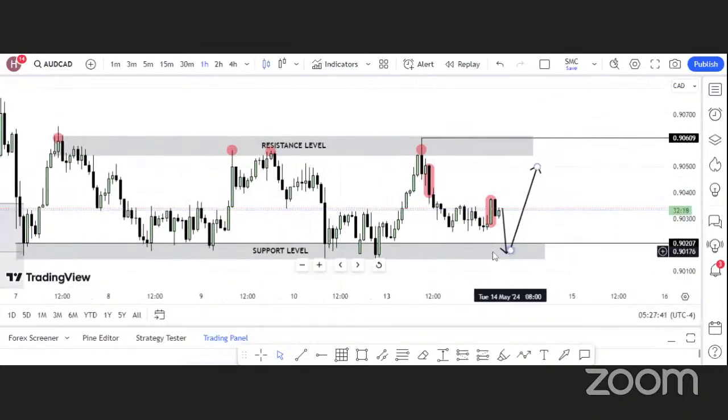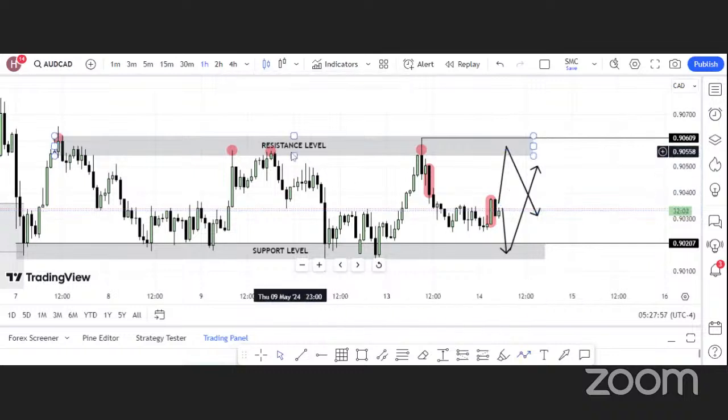So when the market gets to a support level, the market buys. And when the market gets to a resistance level, what happens? The market sells, because at a resistance level, we have sellers waiting for the market. And at the support level, we have buyers waiting for the market.